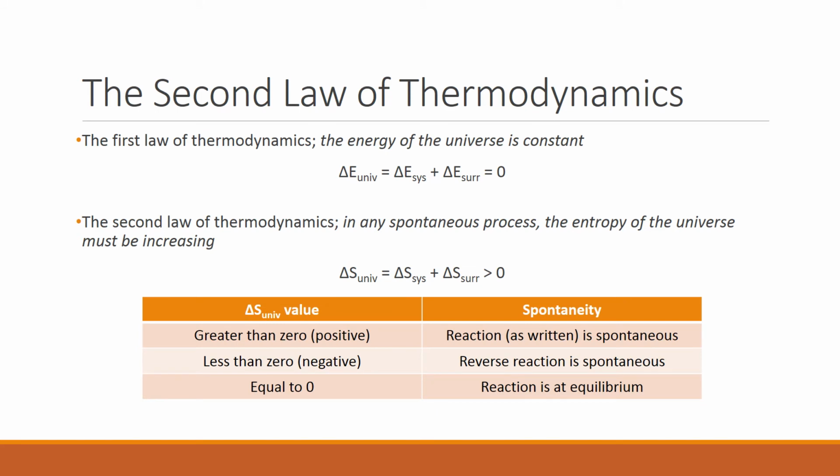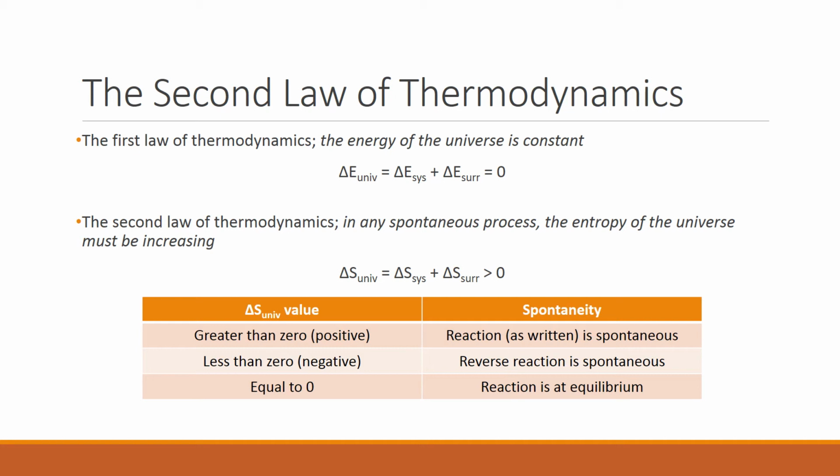So, if the delta S of the universe is positive, what that means is that the reaction as written is spontaneous. If the delta S is less than 0, if it's negative, it means the reverse reaction is spontaneous, which means that the forward reaction probably will not occur unless different conditions are met.